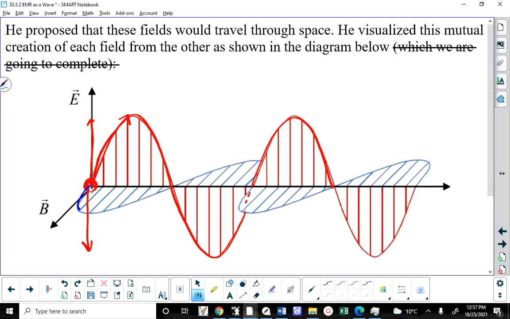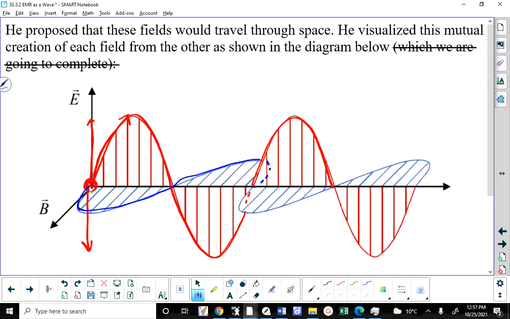And then as the electric field decreases towards zero, the magnetic field decreases towards zero. Then as the electric field increases in the opposite direction, the magnetic field increases in the opposite direction. I would say he was doing this as an academic pursuit, but more of a thing of interest. He took some ideas, he played around with it, he saw what the prediction would be, and it predicted that you would get this phenomenon.